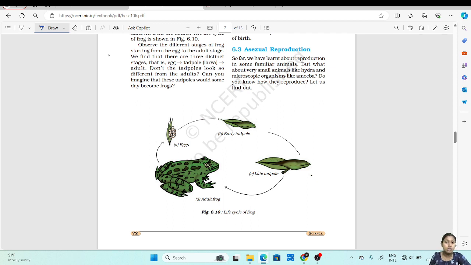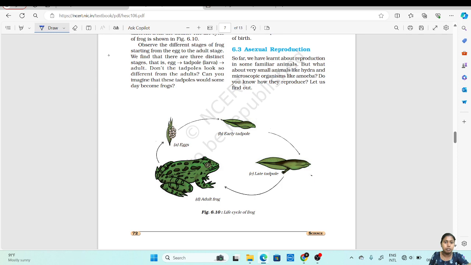Even the caterpillars or your butterflies, initially they are a worm, a caterpillar, then they form the cocoons, and once the cocoon is hatched, a nice and beautiful butterfly comes out. Do they look like the adults? No, it doesn't look like the adults.